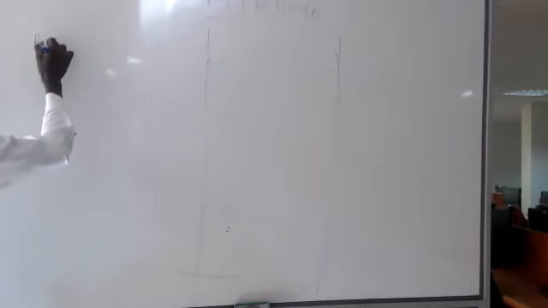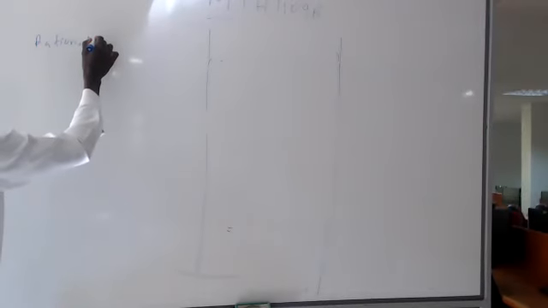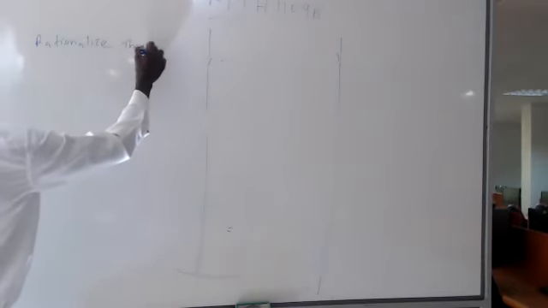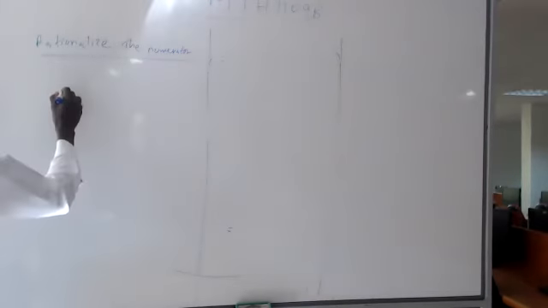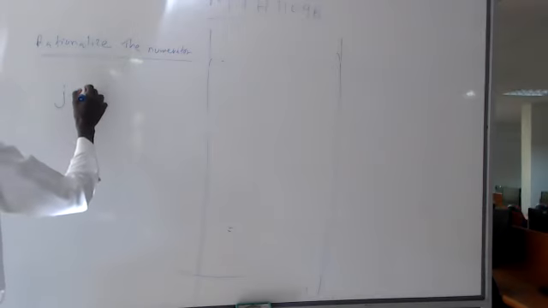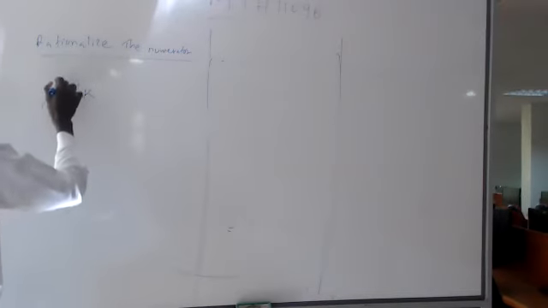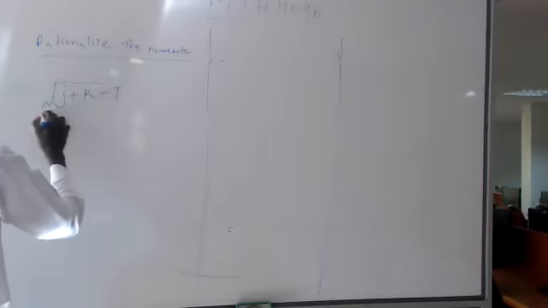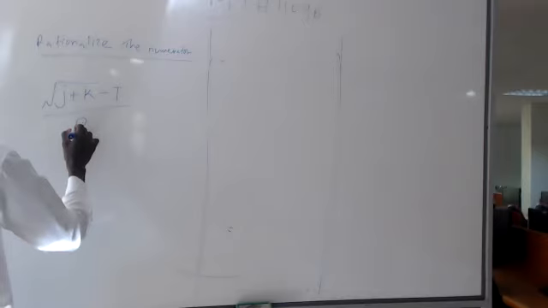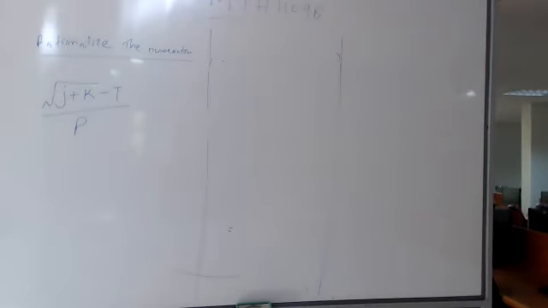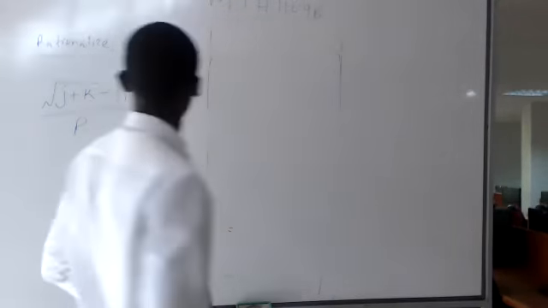Let me give you guys an exercise. Rationalize the numerator: square root of j plus k minus t, divided by p.